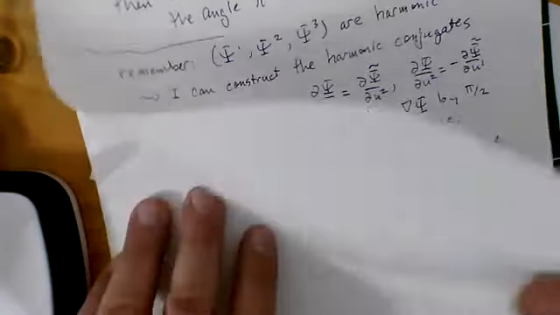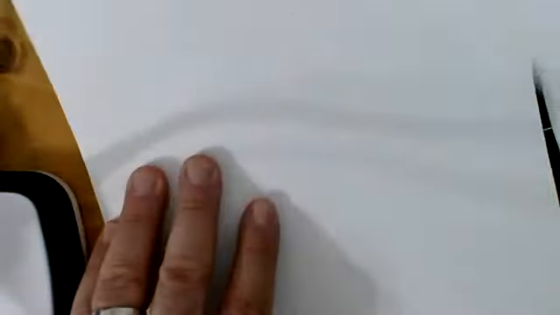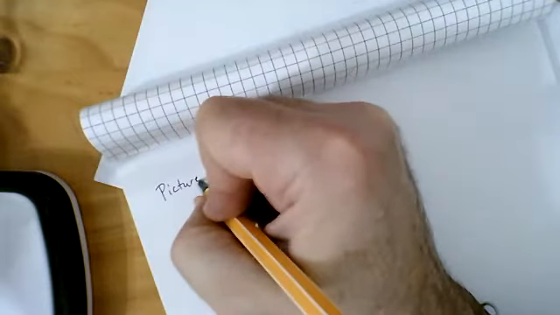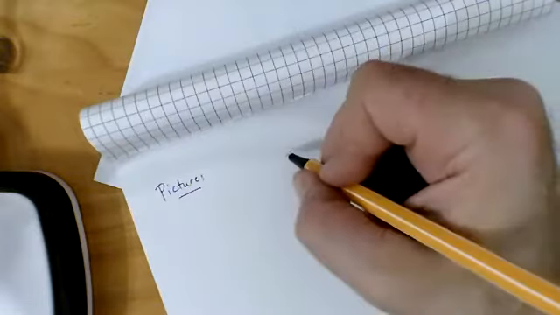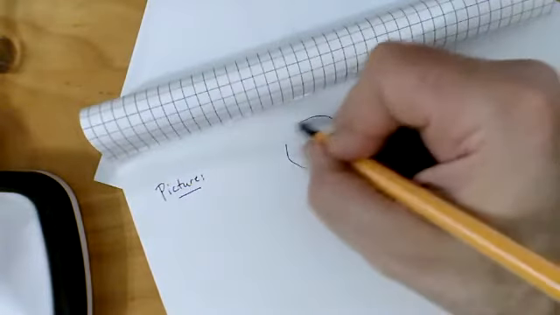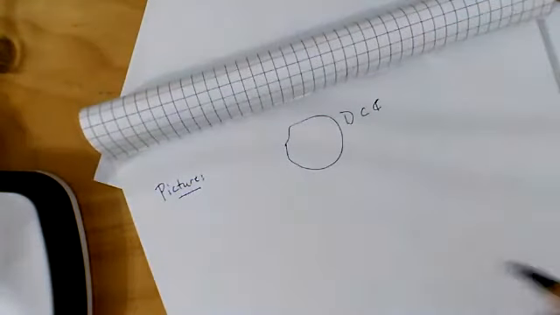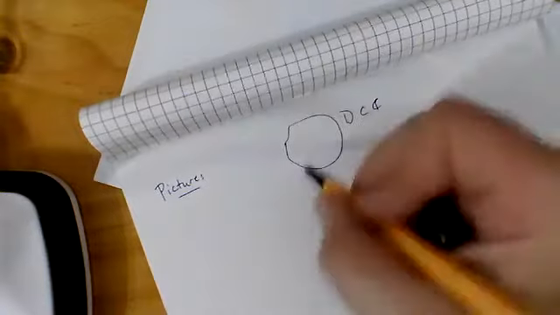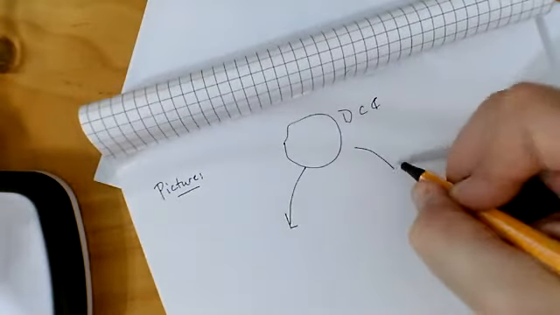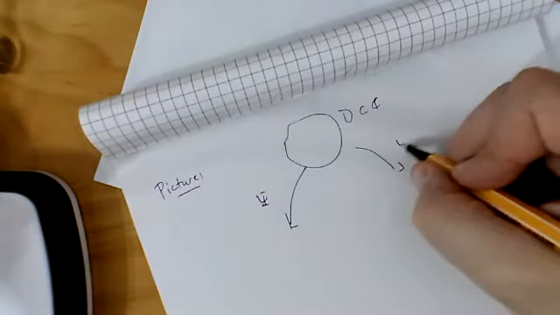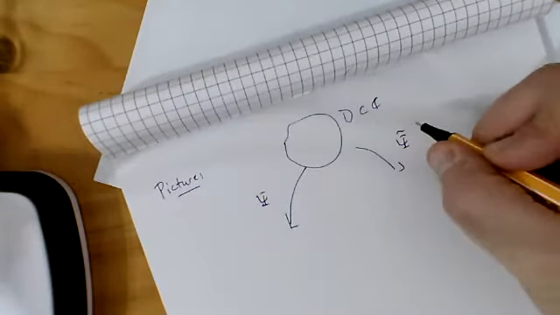Okay. So here's maybe another picture. I have my domain D in the complex plane. It's mapped down two ways. It's mapped down by psi and psi tilde.